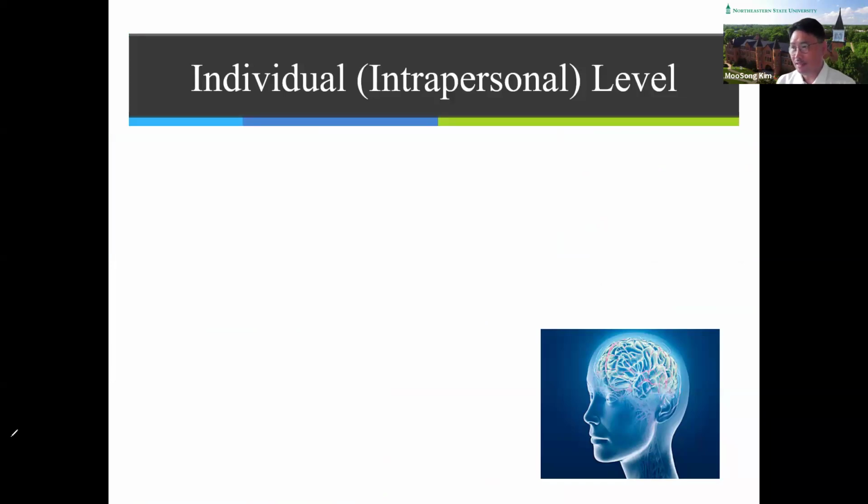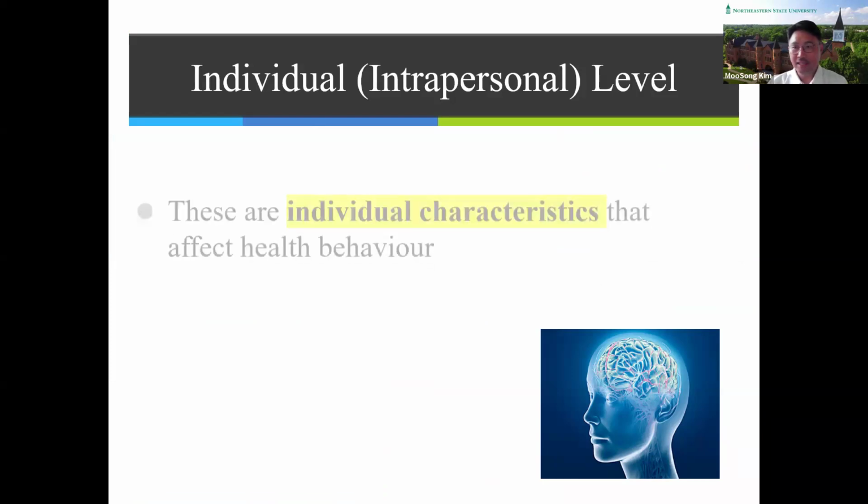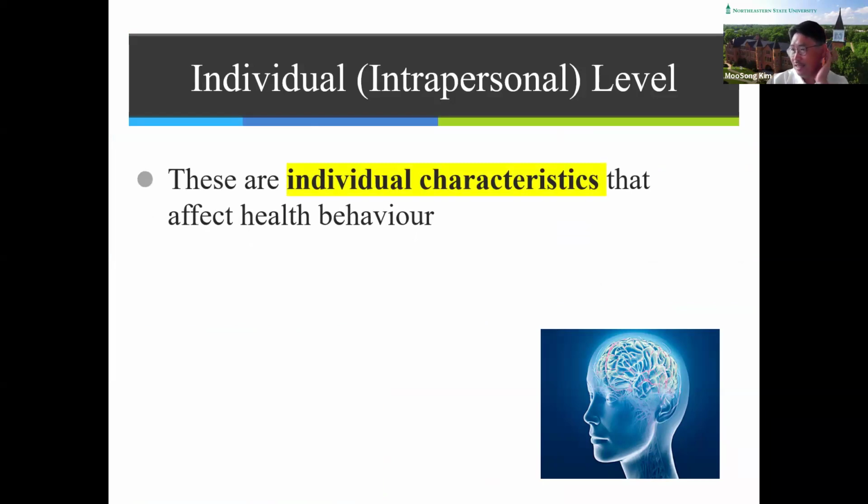So the first level is the individual, or intrapersonal, level of factors. These individual factors indicate the individual characteristics that affect health behaviors. What would be the individual characteristics that affect health behavior?